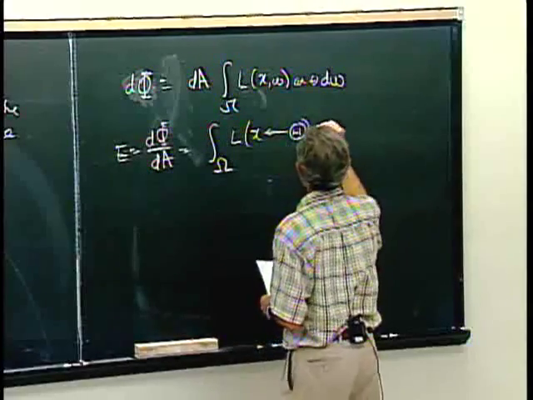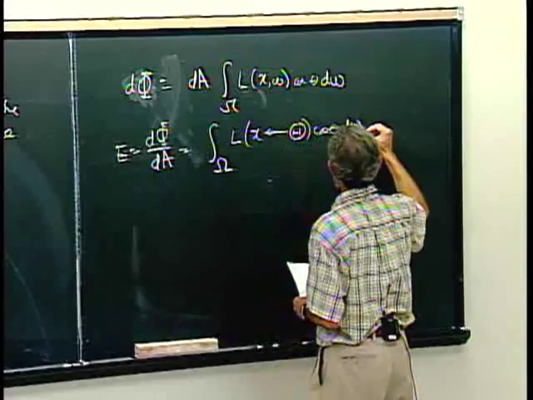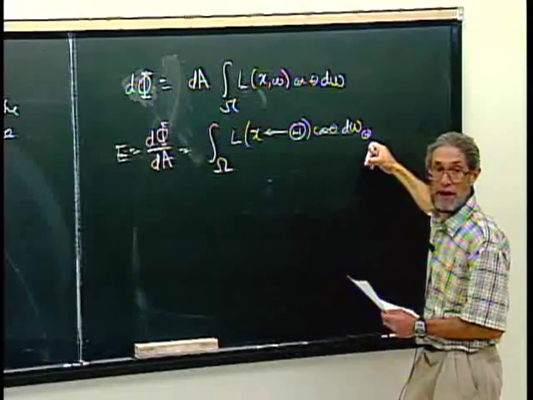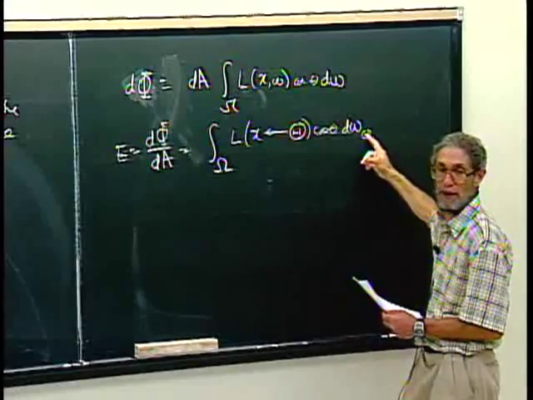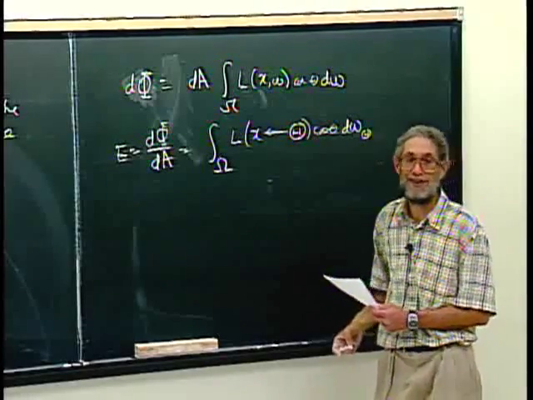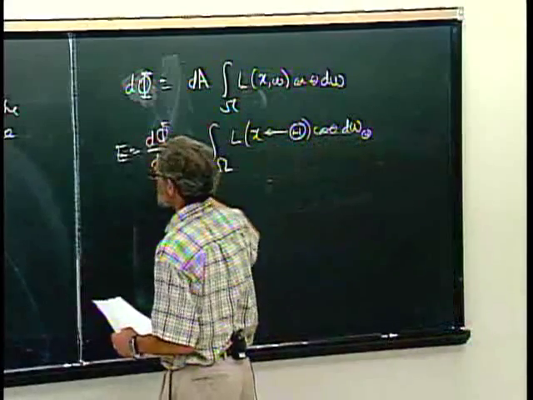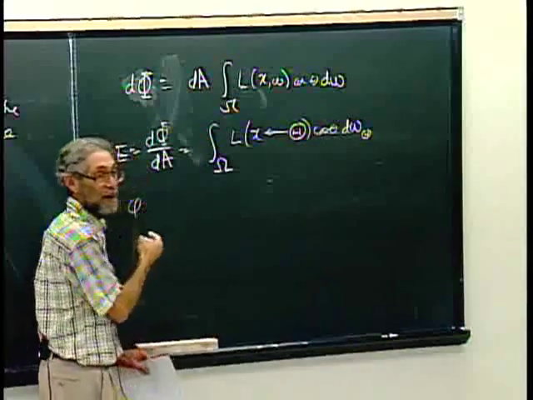The book writes d omega, d solid angle, for this direction theta. The only way I can make my capital theta different is to make serifs on my little horizontal bar. And this is a capital phi, too, as opposed to my lowercase phi, which is just curly without serifs.